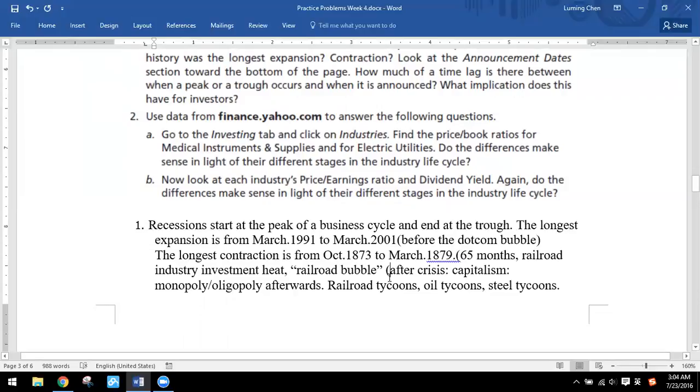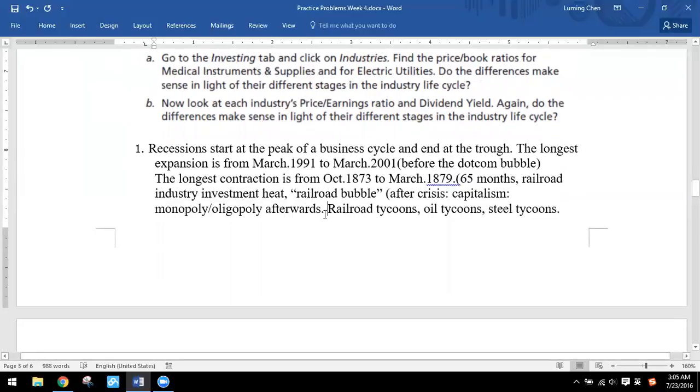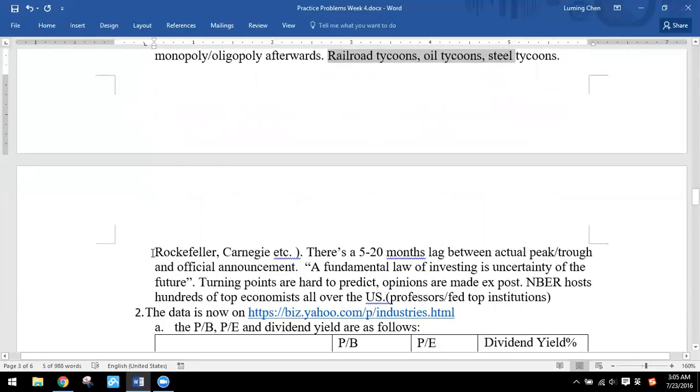After the crisis, we see a new form of capitalism, that is monopoly and oligopoly. And after this crisis, we see those real tycoons in the railroad, oil, and steel industries. Those names can be called upon really easily, like Rockefeller and Andrew Carnegie.